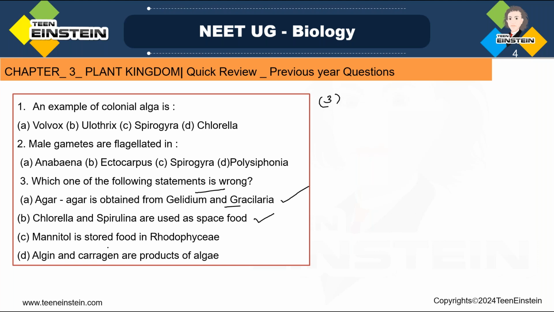Mannitol or laminarin is the stored food in Phaeophyceae, not in Rhodophyceae. Phaeophyceae means brown algae.